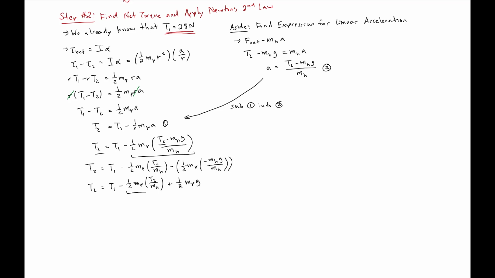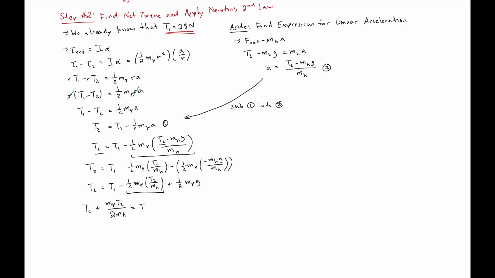Okay, so now we want to move the term with T2 over to the left side. So we have T2 plus 1/2 m_p T2 over m_h. Just simplify this: m_p T2 over 2 m_h.